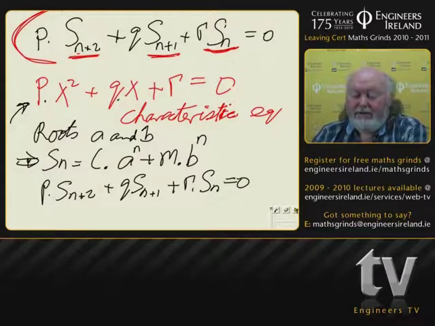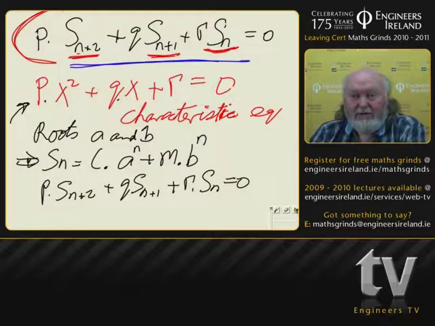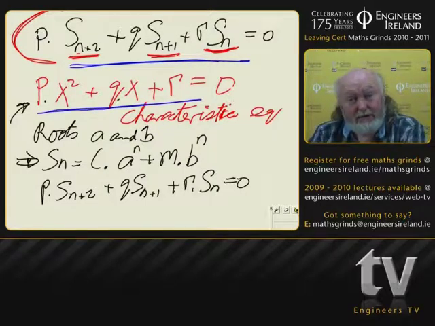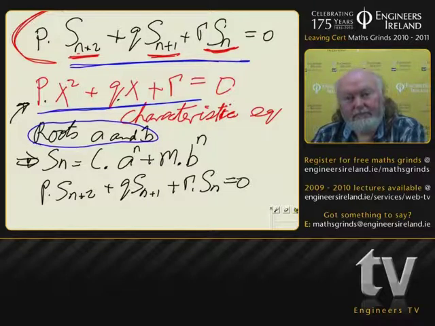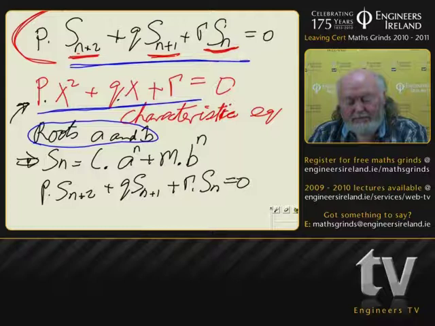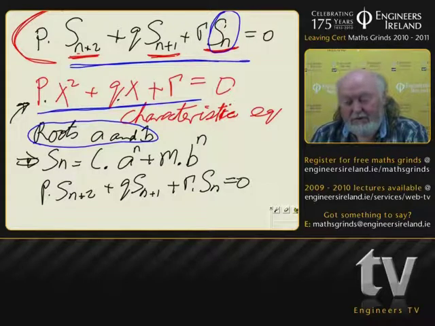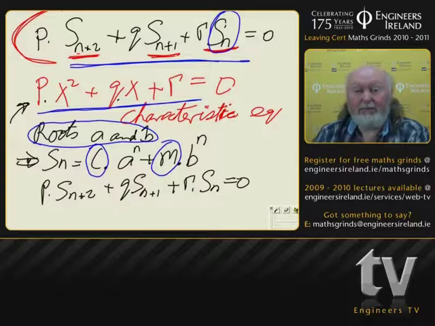We know that if instead of dealing with this unusual equation, we turn it into the type of equation that we've been using for years, a simple quadratic, and we solve the quadratic, we will get these roots belonging to the quadratic. Once we've got those two roots, we can say that Sn, this guy up here, which is the first of the three in the sequence, we can now define in terms of some number L multiplying into a to the power of n plus some number m multiplying into b to the power of n.